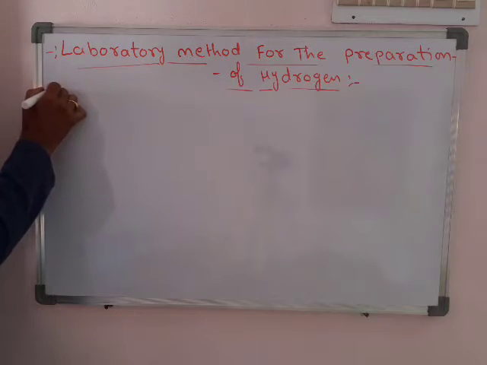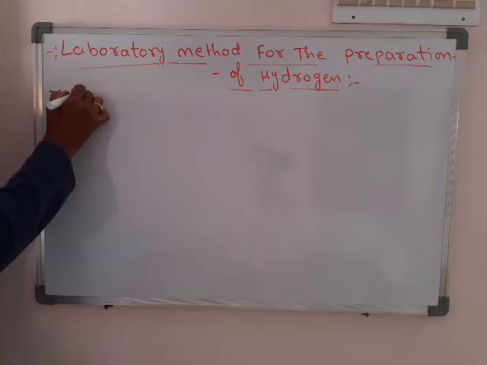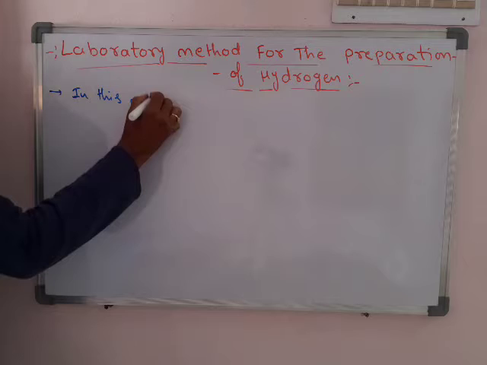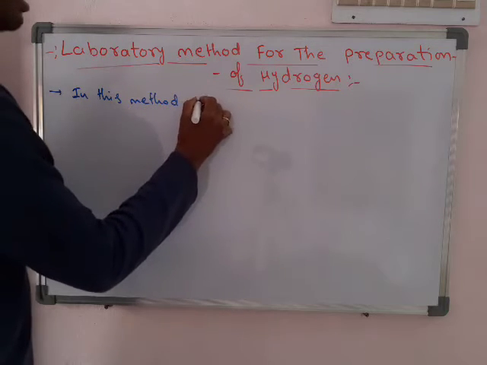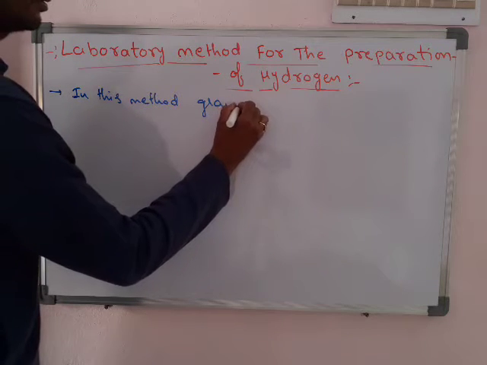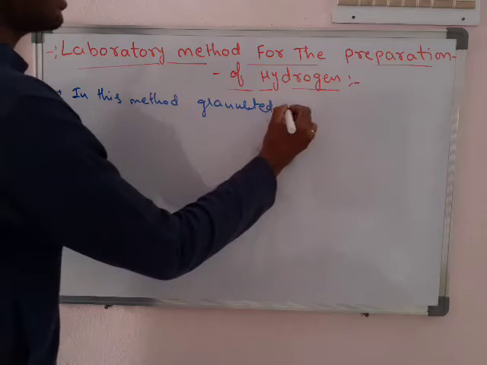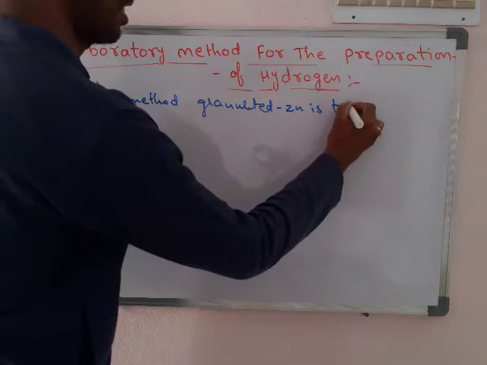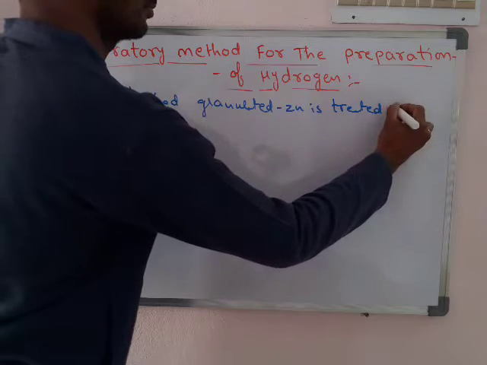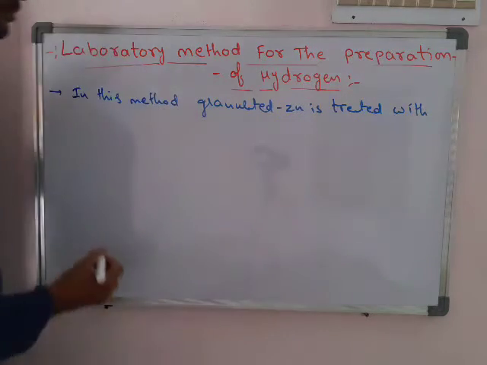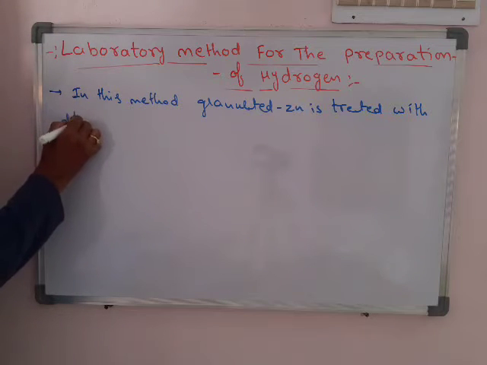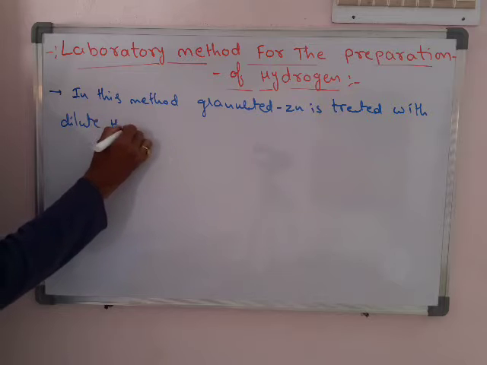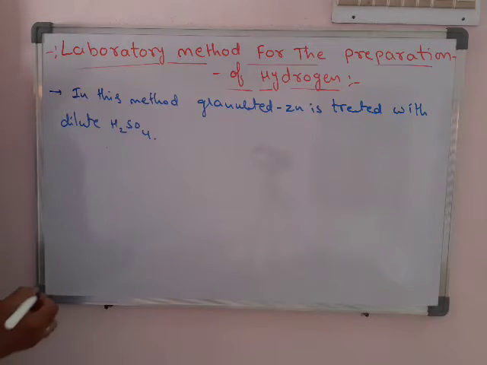So first write a simple point that in this method granulated zinc is treated with dilute, low concentrated, sulfuric acid.